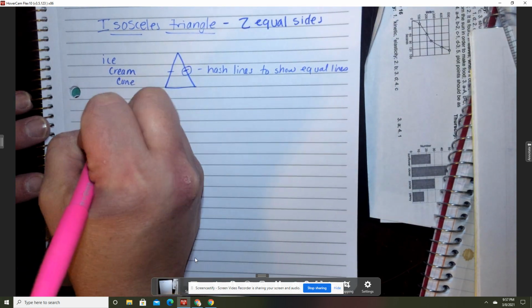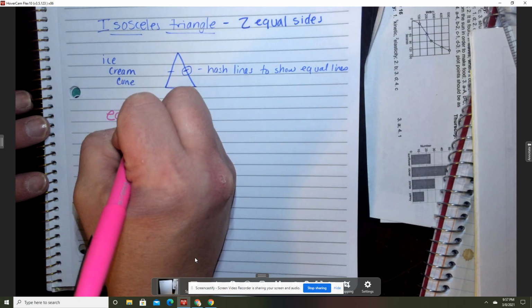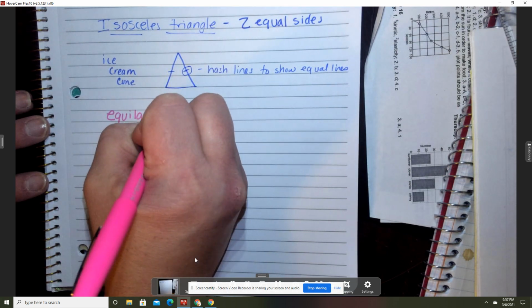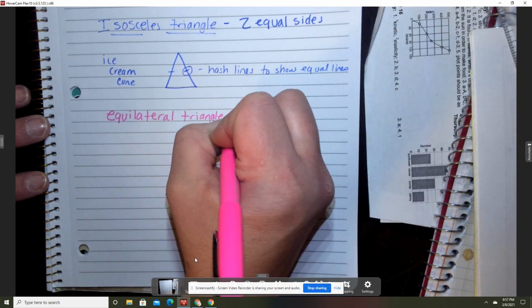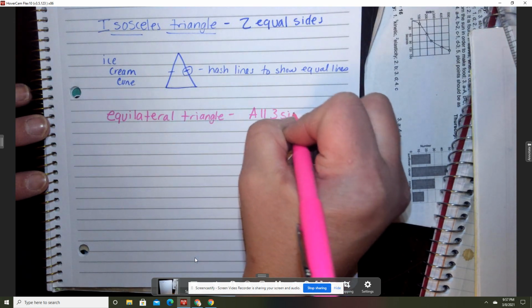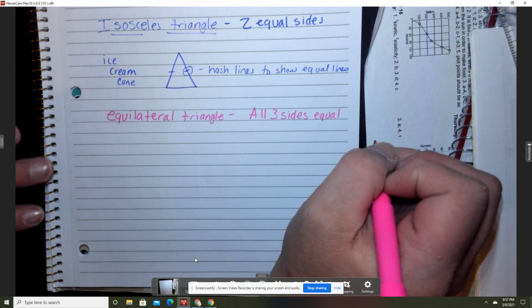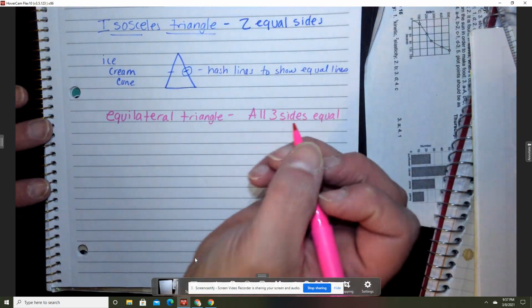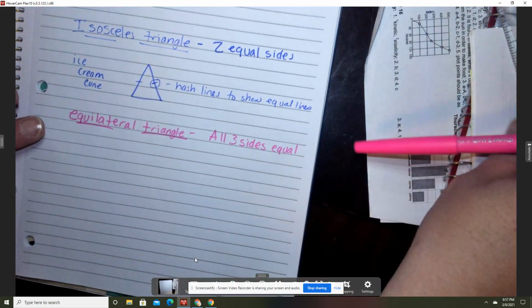we've got equilateral. Did you hear that in the name? Equilateral. All 3 sides equal. Okay? All 3 sides are equal. So this one's going to be really hard for me to draw.